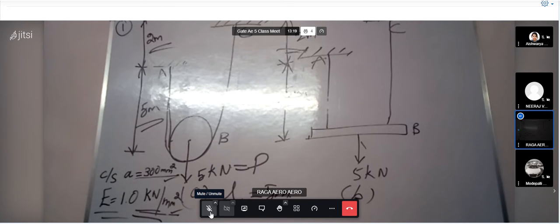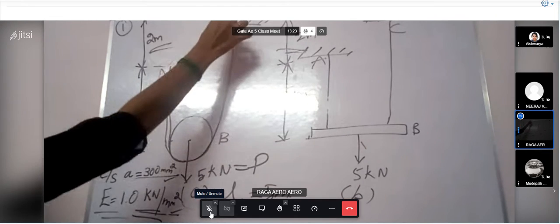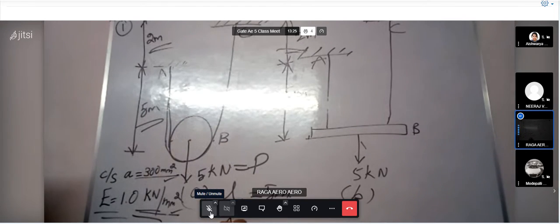Second, the length of CB, from here to here. What is the CB length value? 5 plus 2, 7 meter. If you want, convert it into millimeter, that is, multiply by 1000.